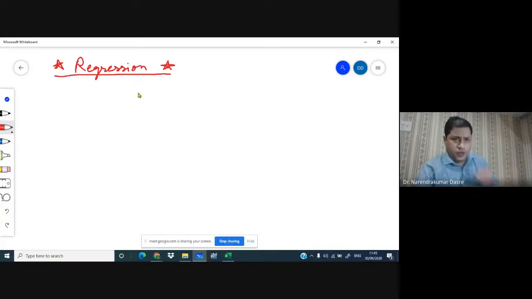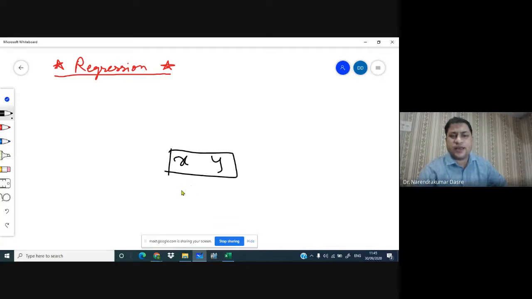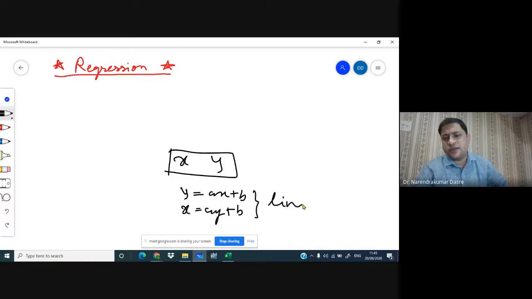So here in regression, we have two things. When I consider any variables x and y, what is the best relation that I can have? I can write y is equal to ax plus b, or I can write x is equal to ay plus b, and both of these represent lines. So this is called linear regression.